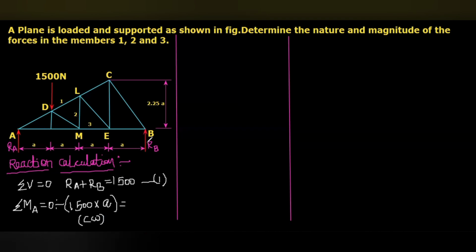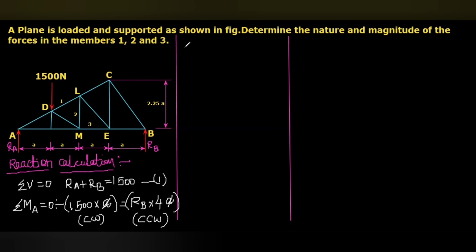So this will be counterbalanced by the moment made by the reaction force RB. Here RB is an upward force, so with respect to point A, this will be counterclockwise. RB multiplied with 4a. This will be in counterclockwise direction. Whatever this a and this a, we can cancel.